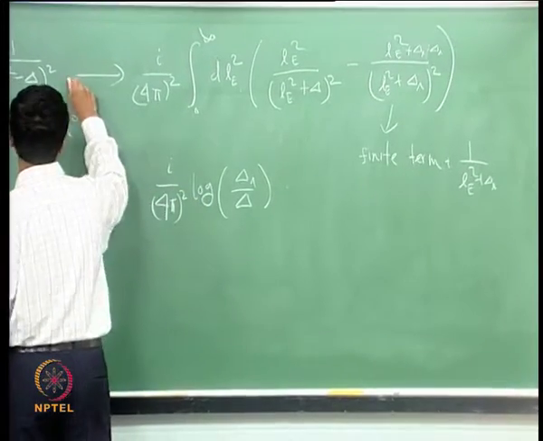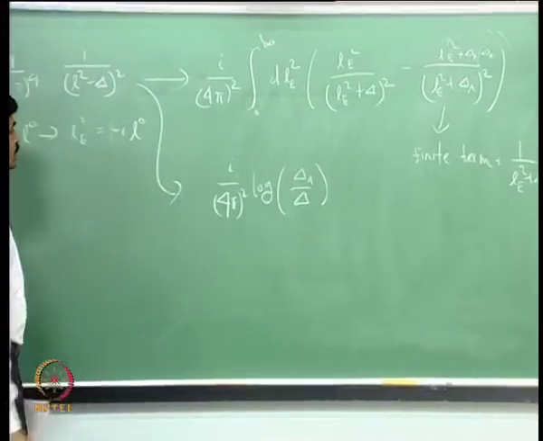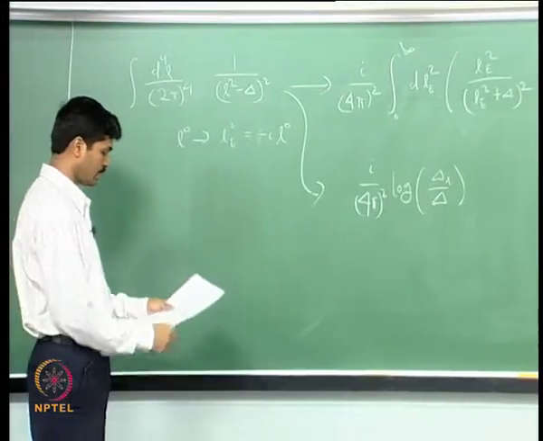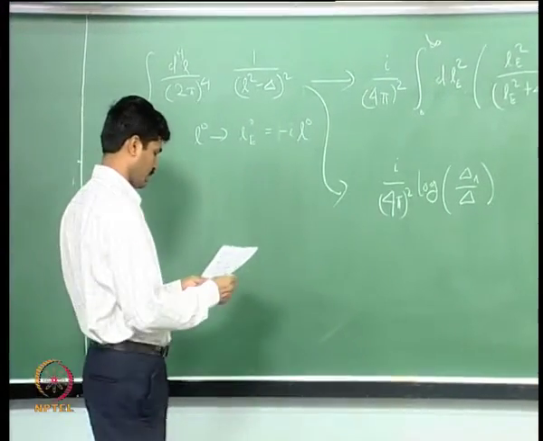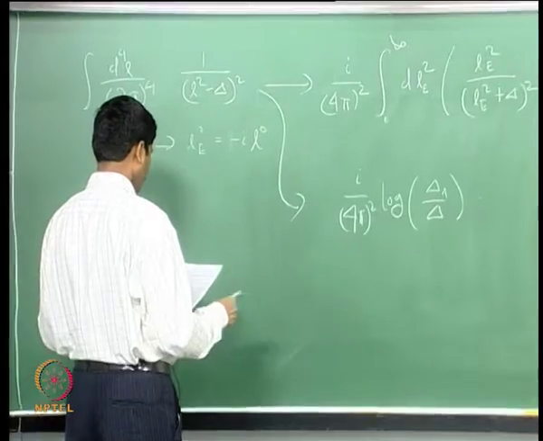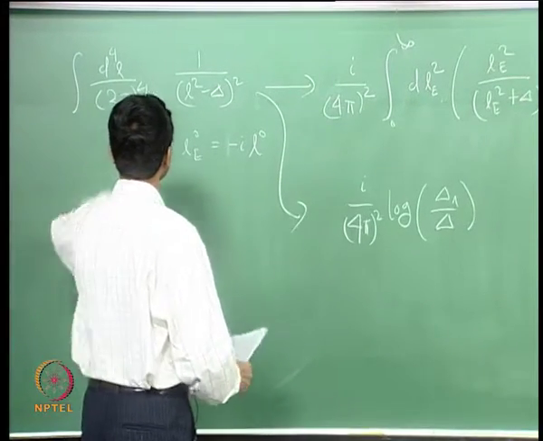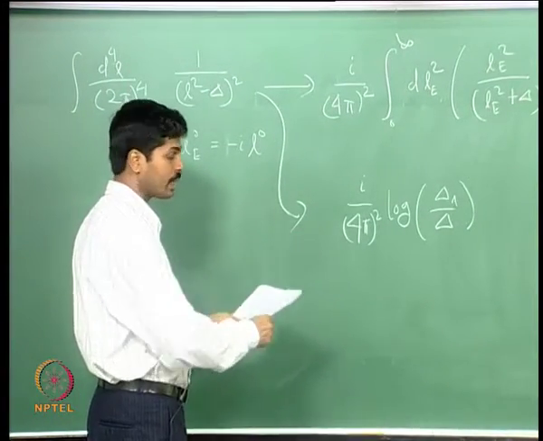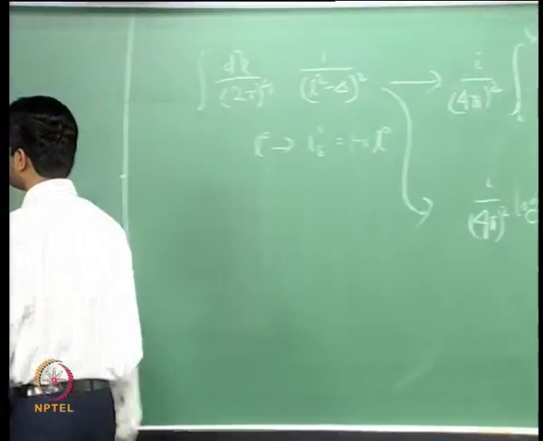So, finally, when you evaluate this integration, this is what you will get here, and so this is only the L integration, and then you have the x integration here.